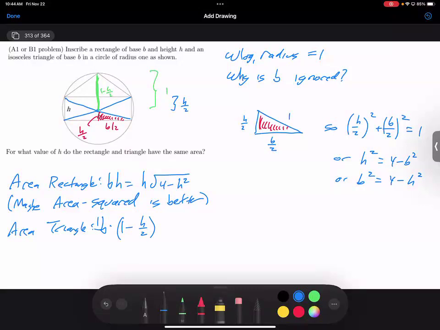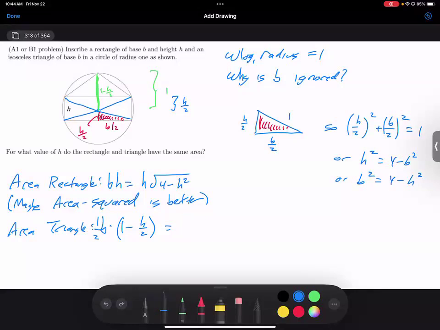And then because it's a triangle, I have to put in a factor of 1/2. So I can write this as 1/2 b, and I can replace h with b, but that's going to involve a square root. So do I want to write things in terms of h or in terms of b?